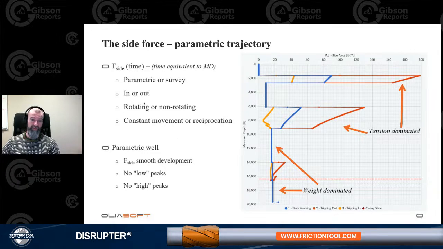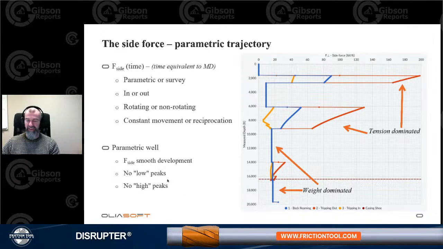So if you, in this case, had been rotating, the side forces wouldn't have increased that much, especially in this area. And looking at the side forces here might give us an indication that this is a place in the well where we most probably will see more wear compared to the lower section of the well. But what we can also see from this parametric well is that the side forces have a very smooth development.